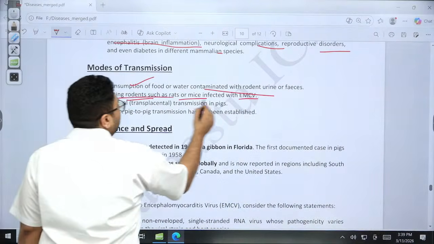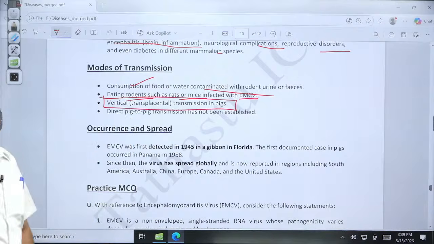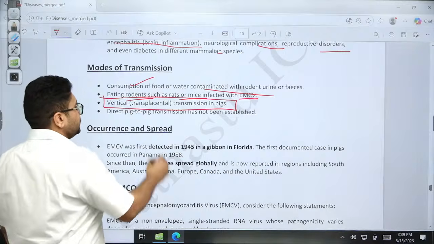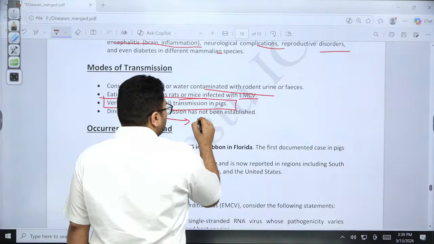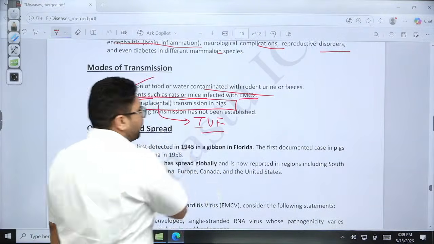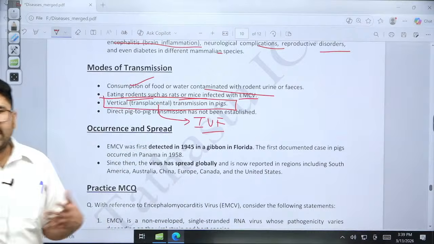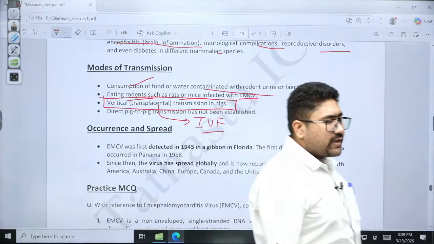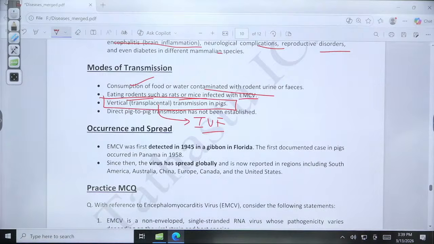transplacental transmission in pigs. Transplacental here is basically like IVF for pigs. When there is fertilization outside the body, but the fertilized egg is transplanted back into the female pig, in that process the pig may get infected by the EMCV virus.